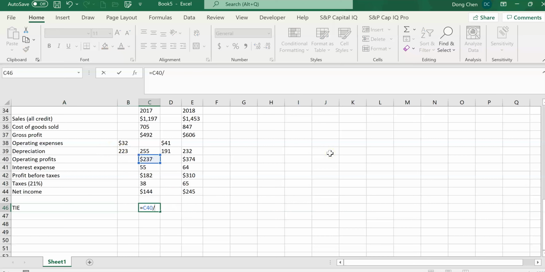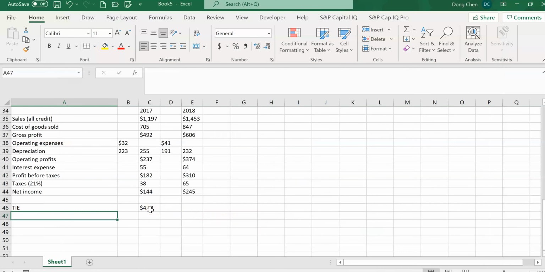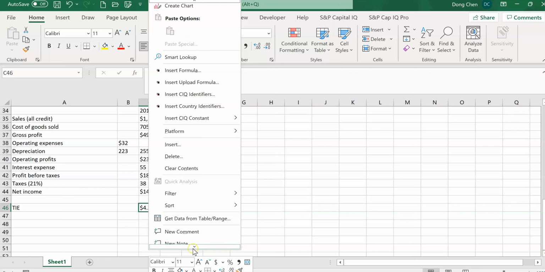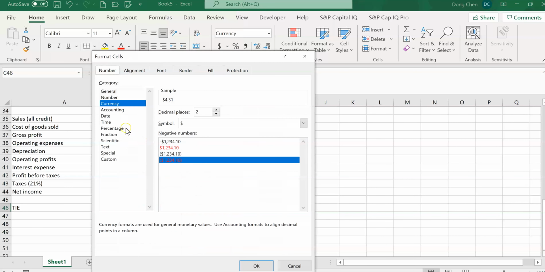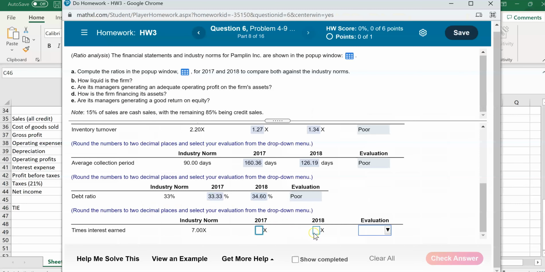That's operating income, and divided by the interest expense. And let's see what's the rounding requirement? I guess it's the same. So just make sure we format the cell to follow that. And we don't want to use the currency, we want to use the number and keep two decimal places. And then drag the cell to the other year, and then copy this number back to my lab.